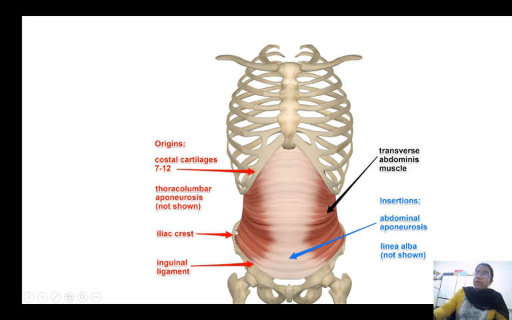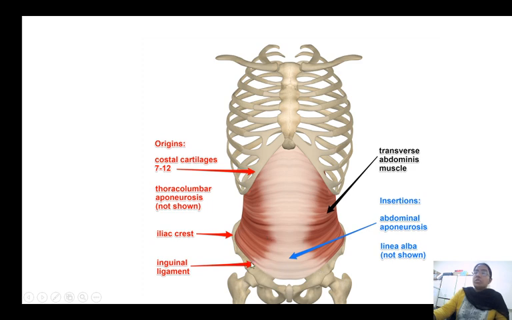It also arises from the inner lip of the iliac crest; we have seen the outer lip, intermediate and inner lip. So from the inner lip of the iliac crest, and from the lower 6 to 7 costal cartilages. These are the transversely running fibers, which is why it is called transversus abdominis.